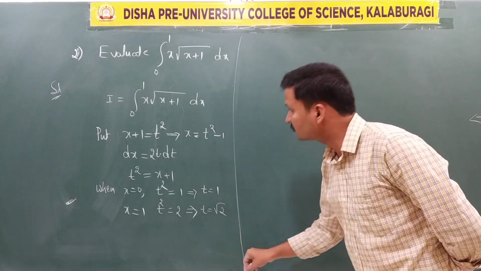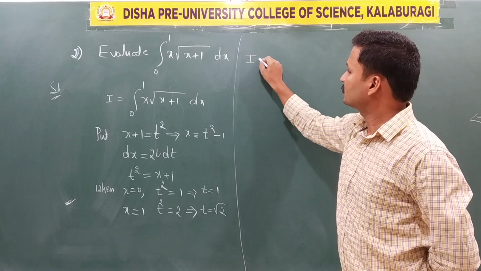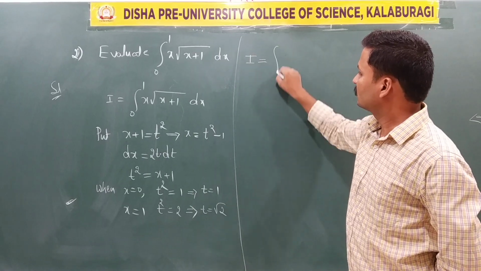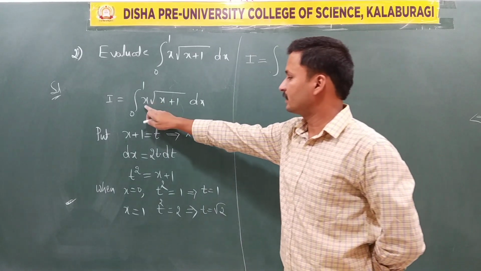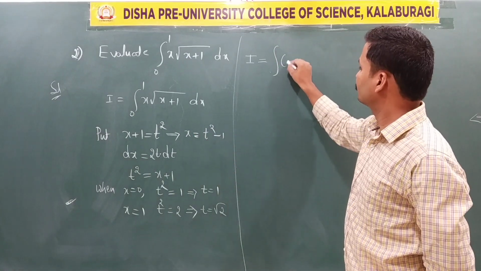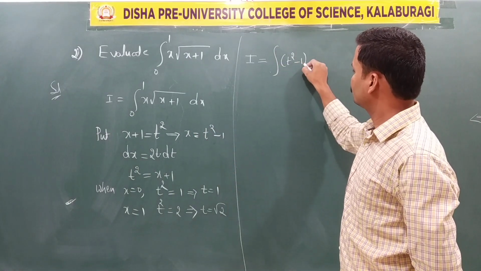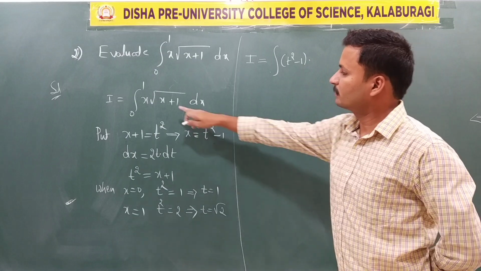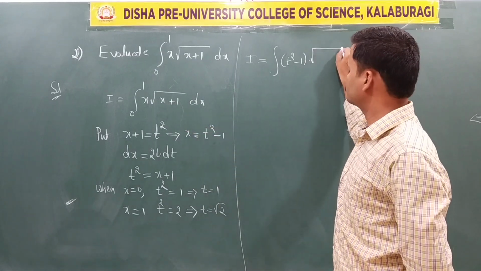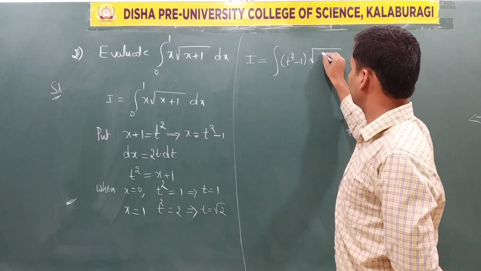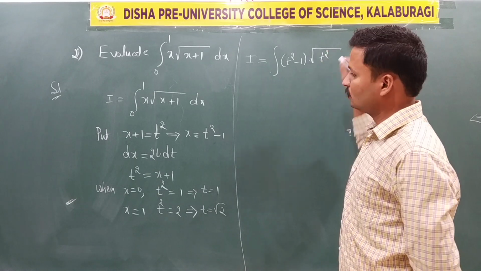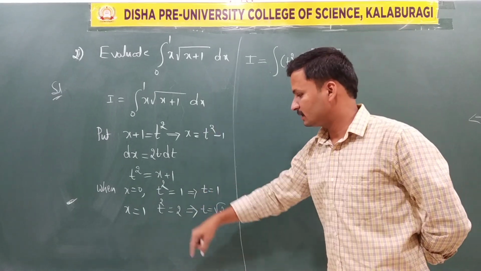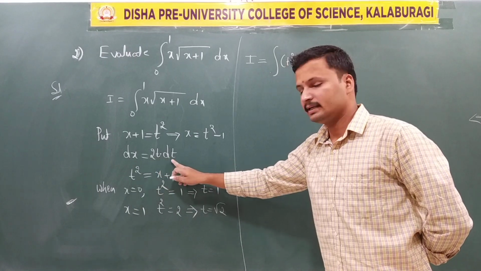Substitute these things in the integral I. It changes to the integral, in place of x is t squared minus 1, in place of square root of x plus 1 is t squared's root, and dx can be written as 2t dt.